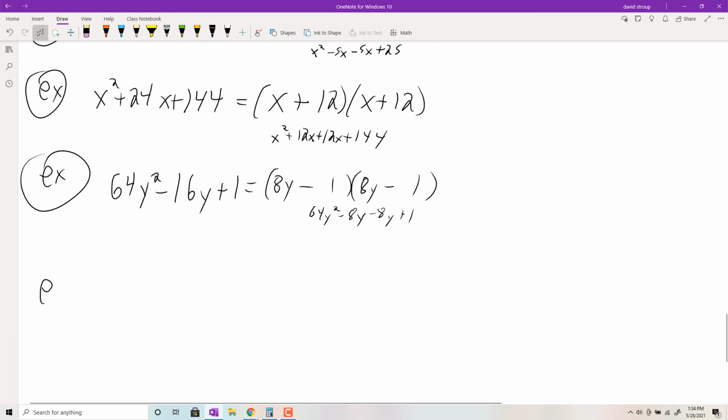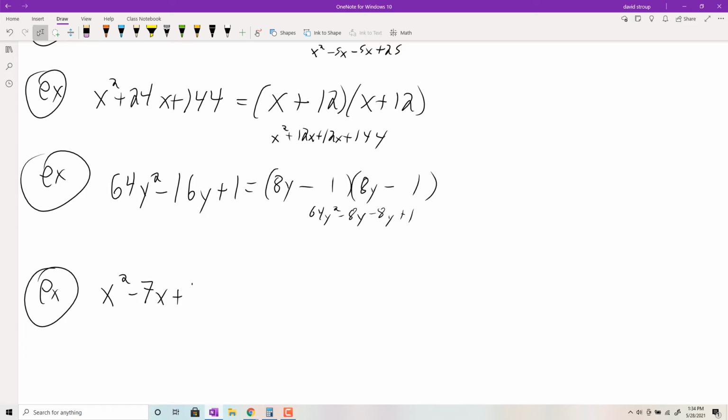Be careful. They're going to start mixing in all kinds of problems together, and the next section will work on a general kind of strategy for factoring. But with this one, you may say to yourself, well, I think it has to be minus minus, and then 7 and 7, right? Let's FOIL it back out, x squared minus 7x.